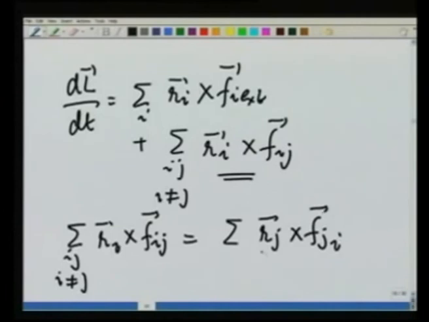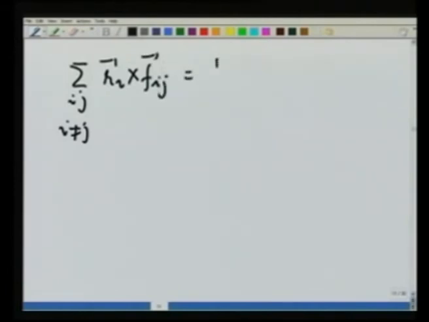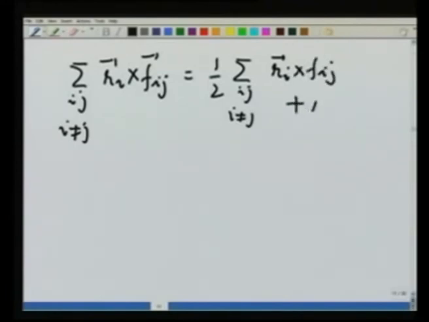I have just interchanged i and j, and therefore, I can write this term, summation over i, j, i not equal to j, r_i cross F_ij, as 1/2 of summation over i, j, i not equal to j, of r_i cross F_ij plus r_j cross F_ji.